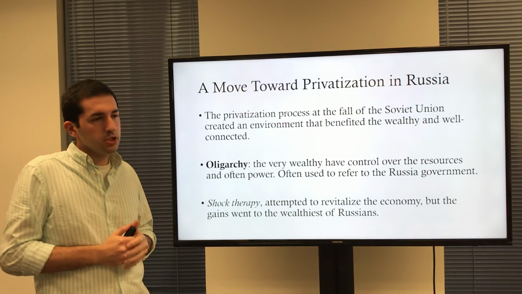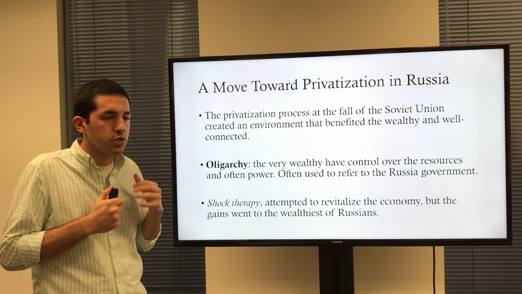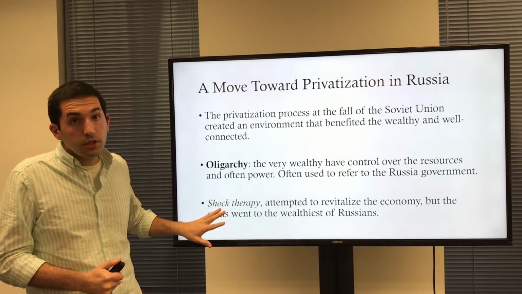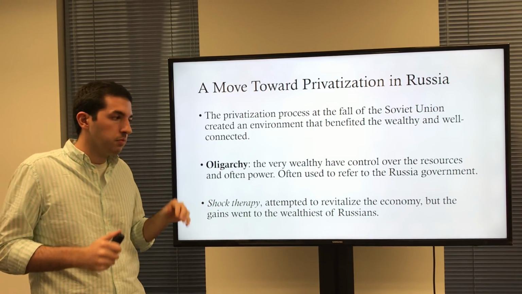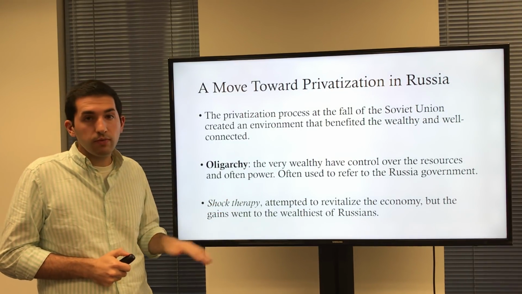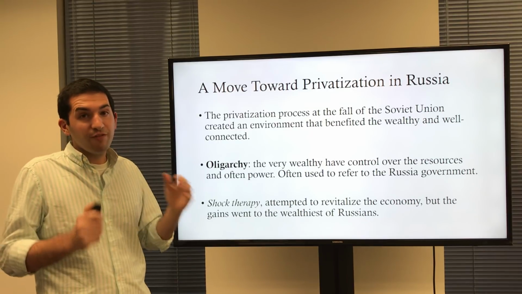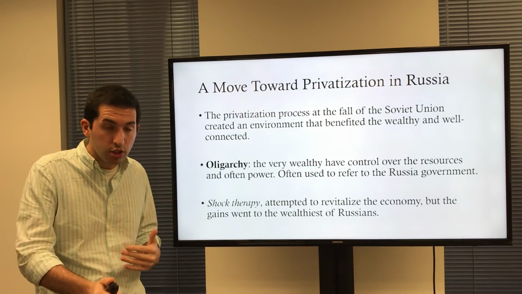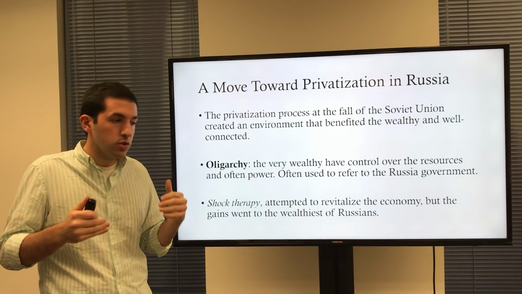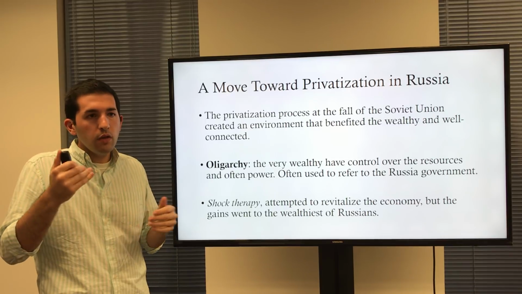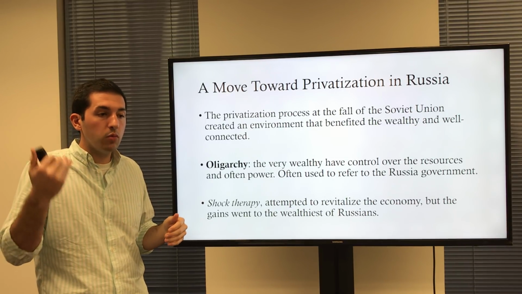Some of these policies that try to take place at this time happen so rapidly, or their mission is to convert the economy very rapidly, referred to as shock therapy, perhaps in a different sense than what we may originally think of shock therapy, but attempts to revitalize the economy. But unfortunately, like we see in other societies during some sort of economic restructuring, the money goes to the top, and the wealthiest of Russians become even more wealthy.